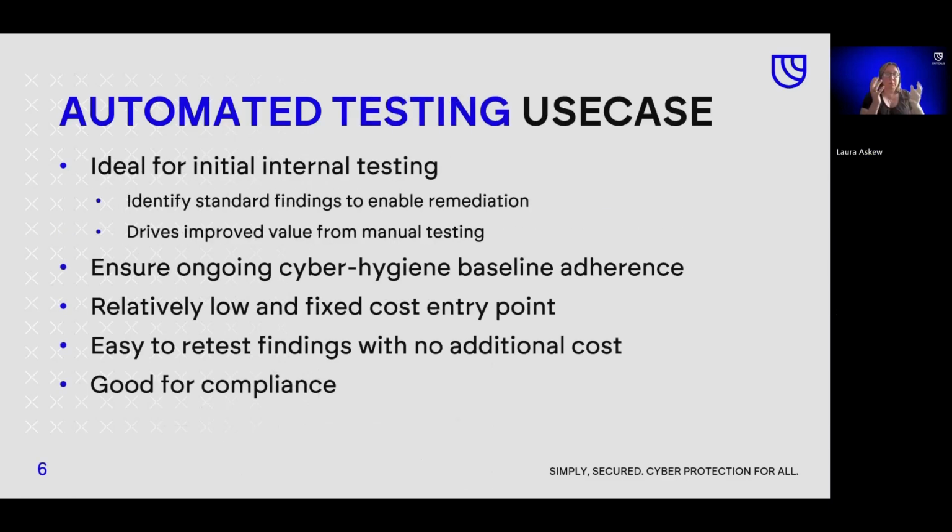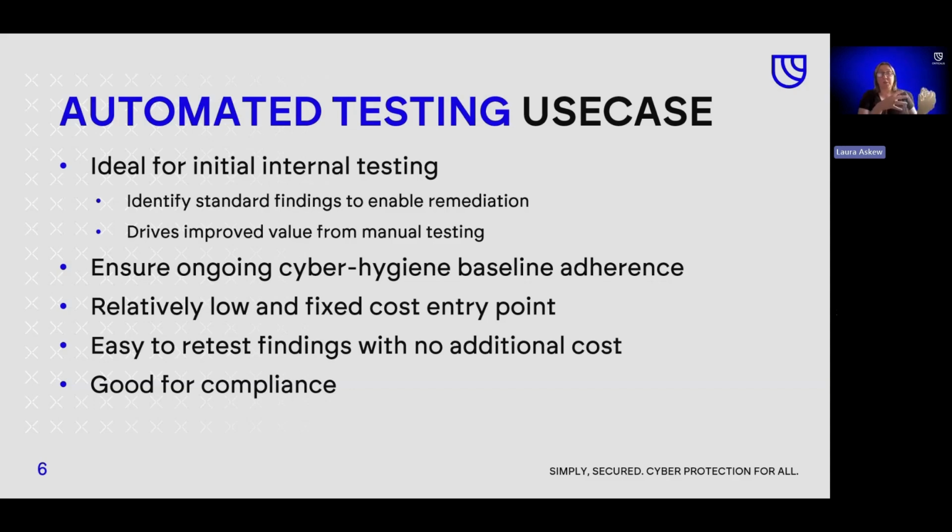So with that in mind, I think the use cases for automated testing, if you haven't had any pen testing done before, it's a really good place to start, because it cleans up a lot of the noise, so that if you have a manual pen test, you're making that pen tester work a bit harder to earn their keep, because the generic things that we see time and time again have been tidied up. I think it's good that you can run it on a regular basis.